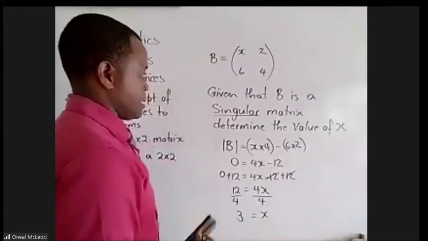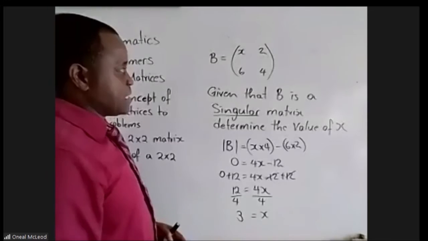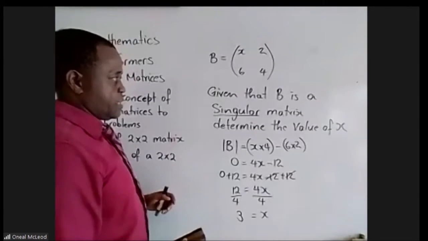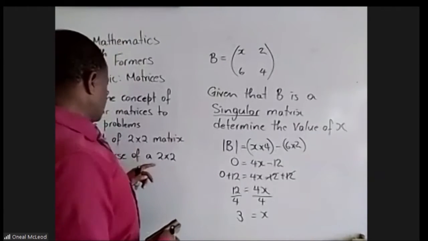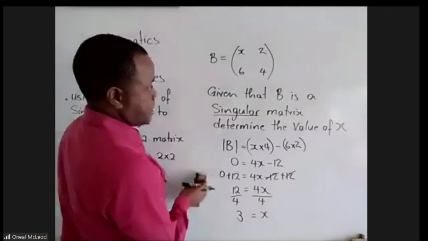Good. Let's try one more, and then that's it as it relates to the singular matrices. We will now move on to the adjoint, which again is very, very simple.